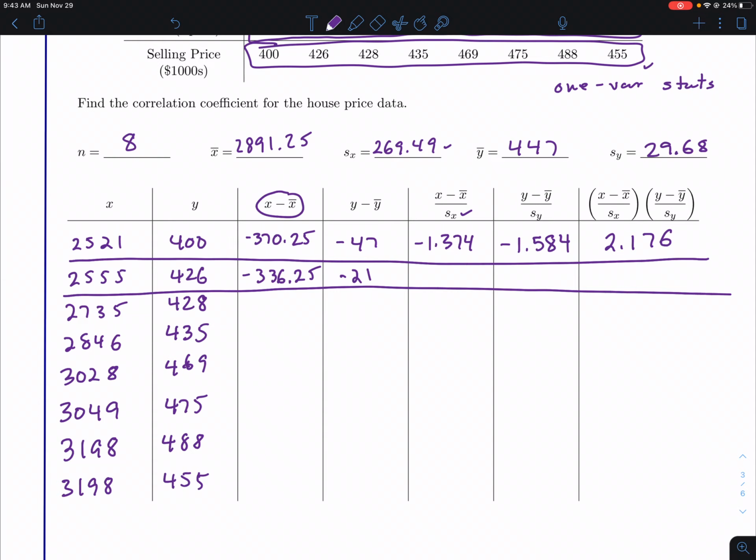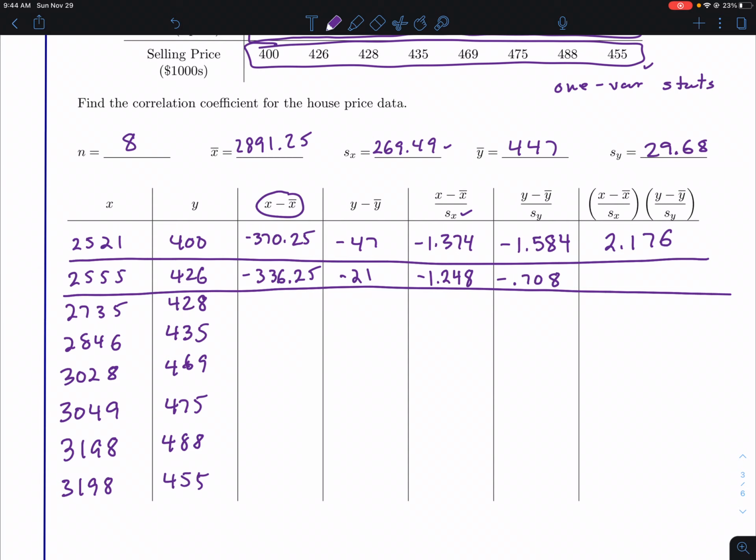Negative 336.25 divided by 269.49 gives us negative 1.248, and negative 21 divided by 29.68 gives us negative 0.708.